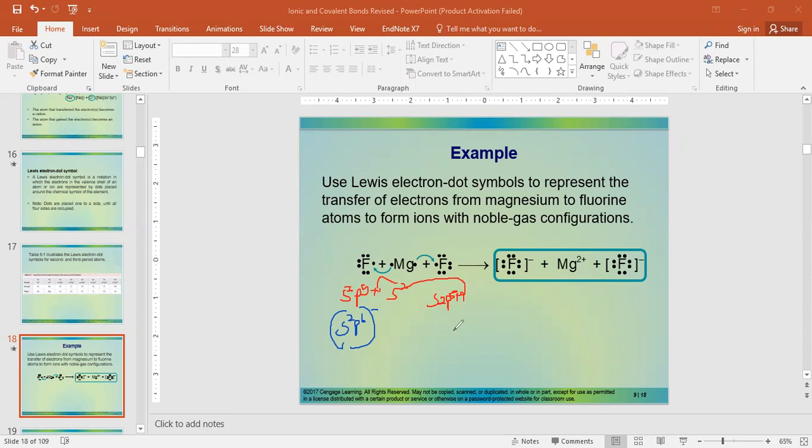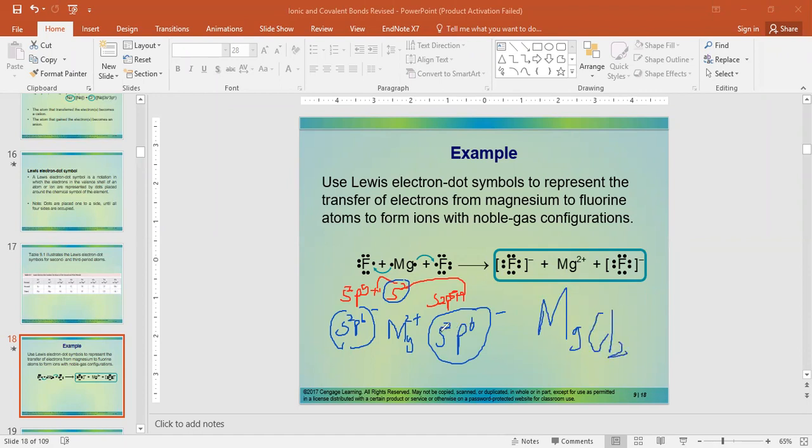Similarly, this other fluoride here will be s2p6. And again, in the process, it becomes negatively charged. So you can see there are two negative charges. But now what happened to the magnesium? The magnesium here has lost the two electrons in the 2s orbital, and therefore you are going to have magnesium with a charge of +2. So this +2 is going to cancel with the two negative charges in the formation of magnesium fluoride.